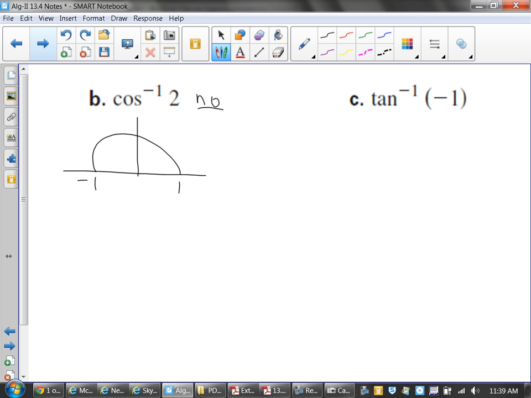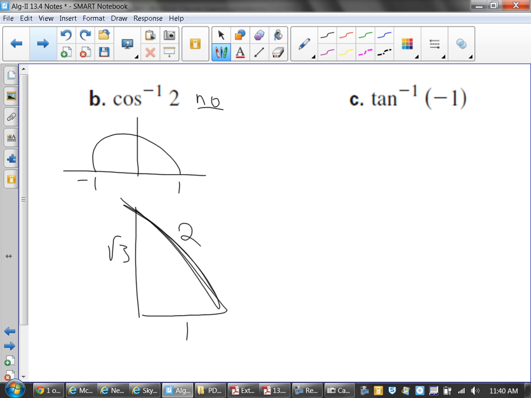It's one of those little things that'll happen from time to time, because you start to think in terms of how do you get the value of 2, that's usually with your 30, 60, 90, because you've got a 2 over here, the 1 and the root 3. And to get me a cosine of 2, there's nothing, this is always a hypotenuse, so it's not possible. Does that make sense?